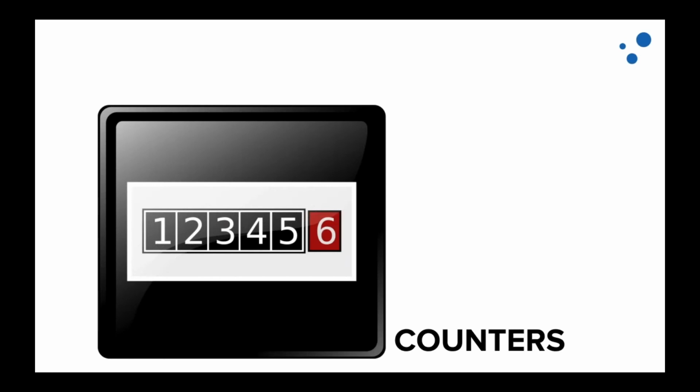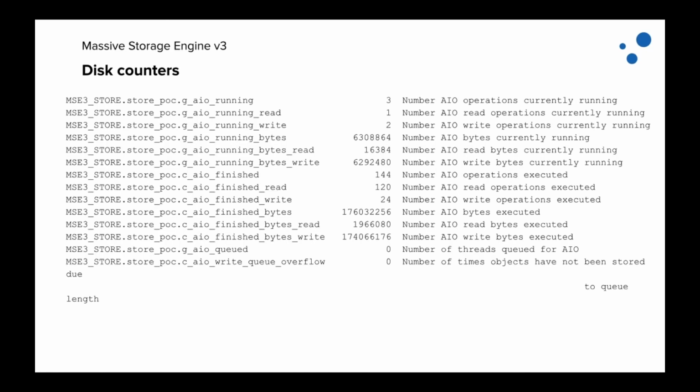Next topic, counters, in order to get some views inside of the box of what is happening. Specifically, I'd like to point out some of the new disk counters and what is happening in terms of AIO and your IO performance. So we have a whole set of new counters here that shows exactly what the system is doing at any point in time.